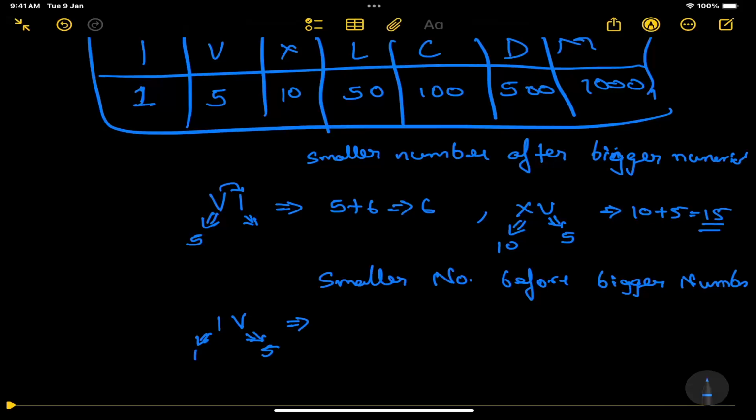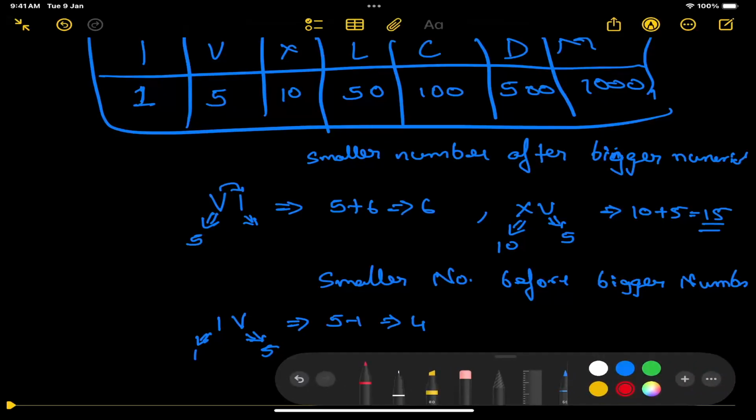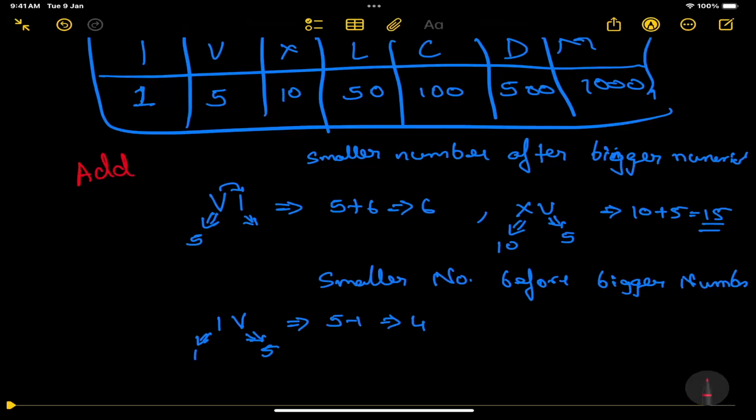Now the smaller value precedes the bigger number, right? So what will we do? 5 minus 1, which gives 4. Here what we have to do? In this we need to add, in this we need to subtract. Simple.